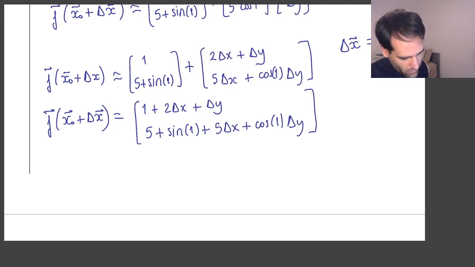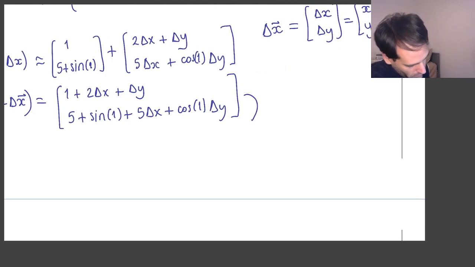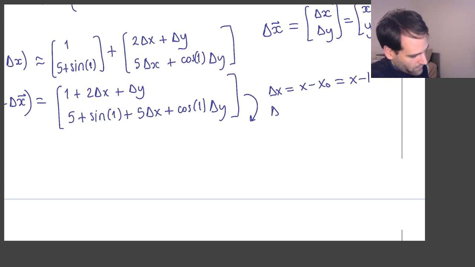Okay? If we want to do the substitution that delta x equals x minus 1, or let's write it more generally, x minus x0, which in this case is x minus 1, and delta y is y minus y0, which in this case is y minus 1.